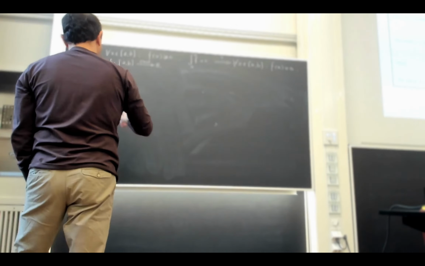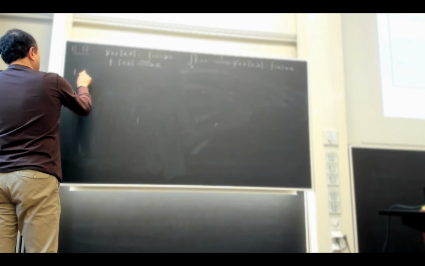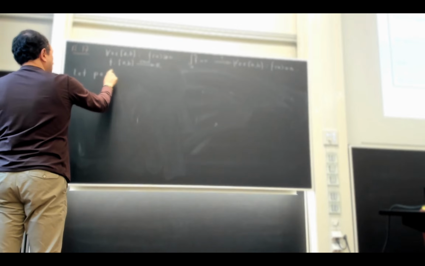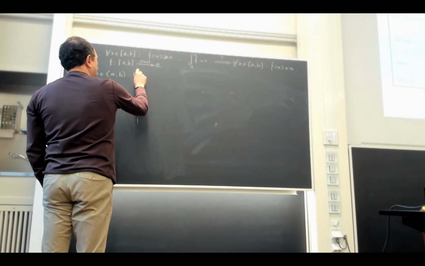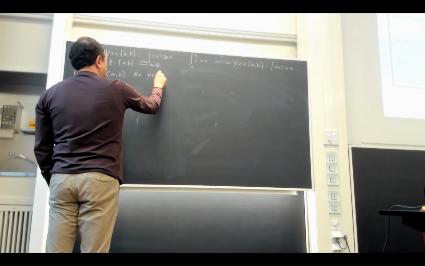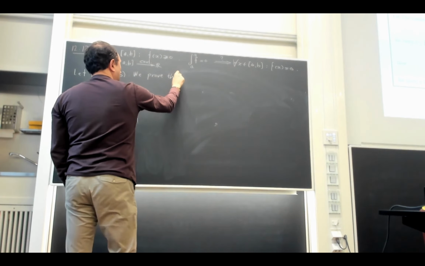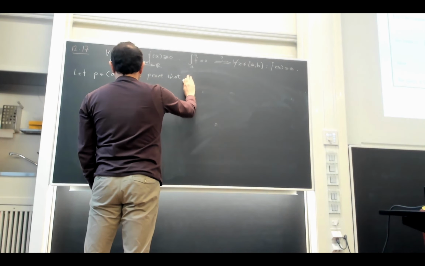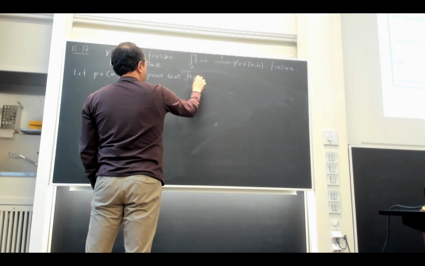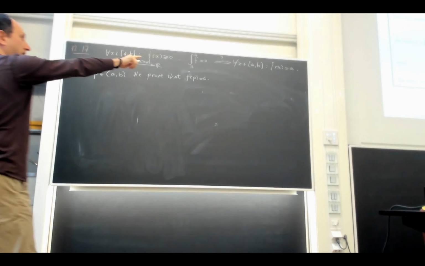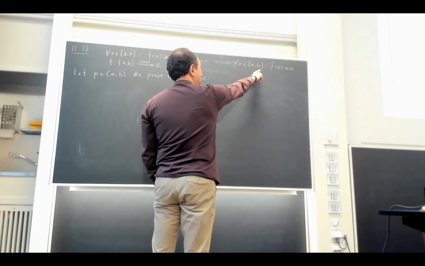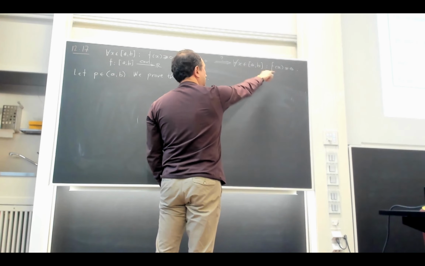So let p belong to (a, b). We prove that f of p is equal to 0. I want to show that for every element from this interval, f acting on that is 0.